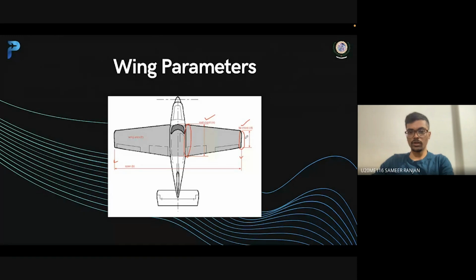So when we add the two and divide by 2, root chord plus tip chord divided by 2 gives us MAC, which is the mean aerodynamic chord, which lies somewhere here. All the calculations which we do are done with the mean aerodynamic chord.